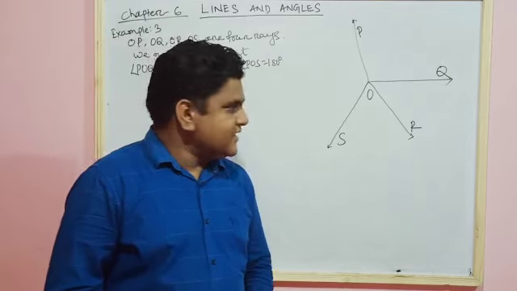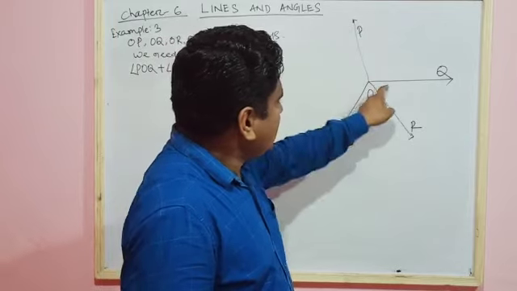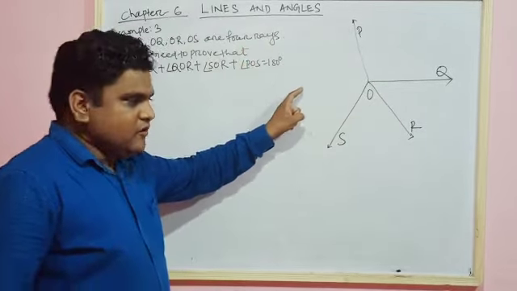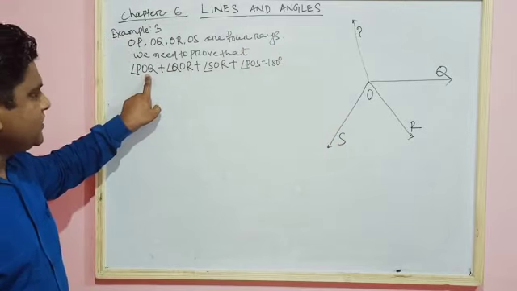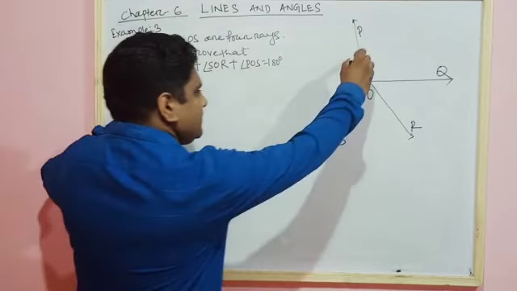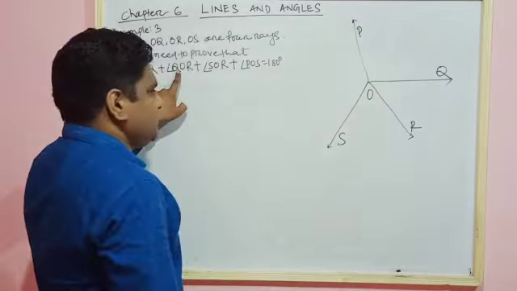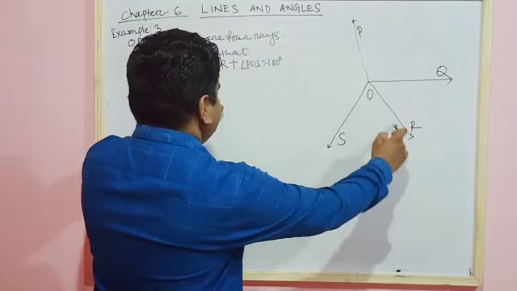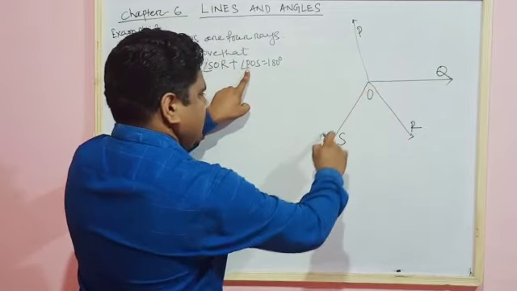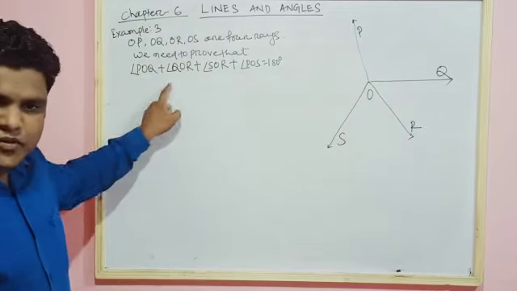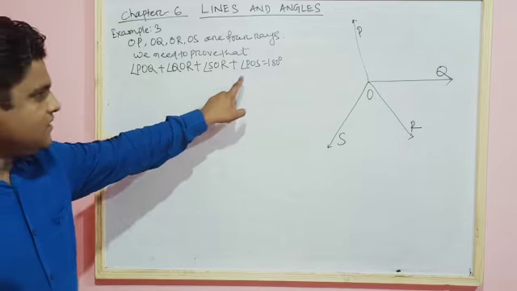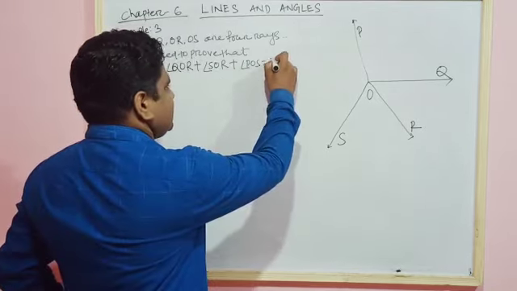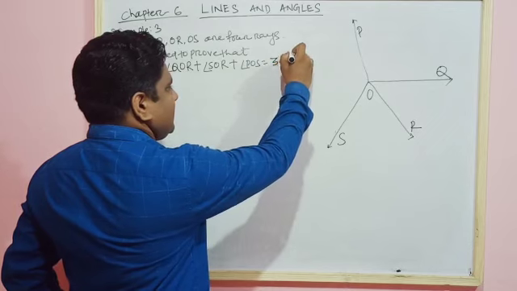Now example 3: OP, OQ, OR and OS are 4 rays, it is given. We have to prove that angle POQ, this one, angle QOR, this one, angle SOR, this one, and angle POS, this one, the sum of these 4 angles is 360 degrees.